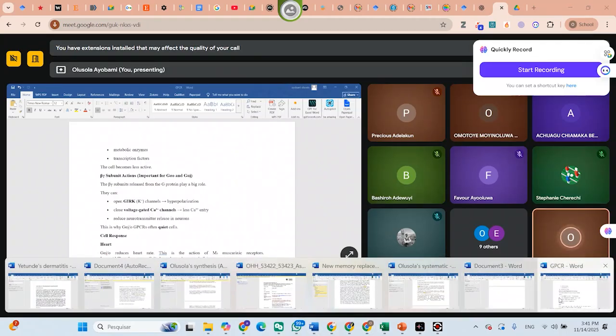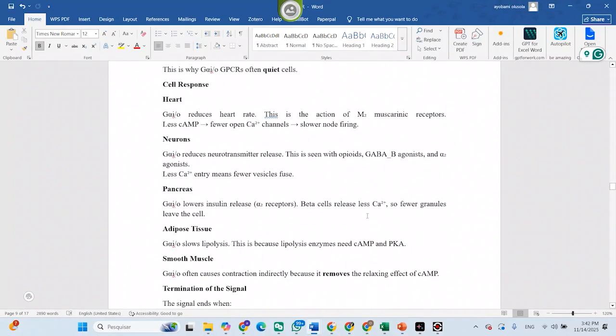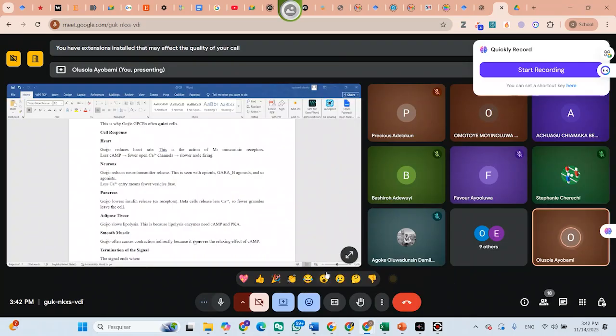So let's see what this effect will be like for cell response. Now for the heart, when we have activation of the G-alpha IO, it reduces the heart rate, unlike the G-alpha S. What we will begin to imagine are the direct opposites of what we have in G-alpha stimulatory, because they interact with the same mechanism, which is adenylate cyclase.